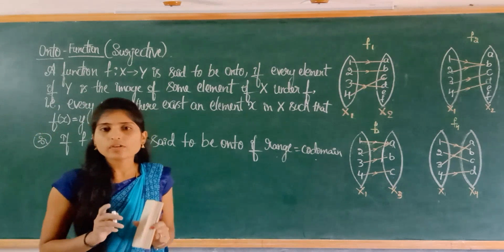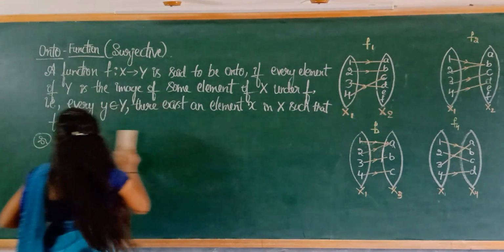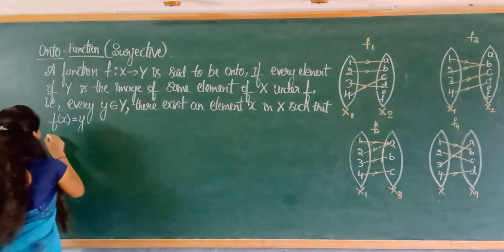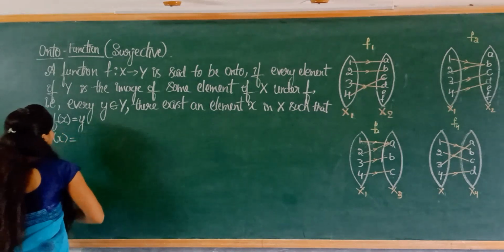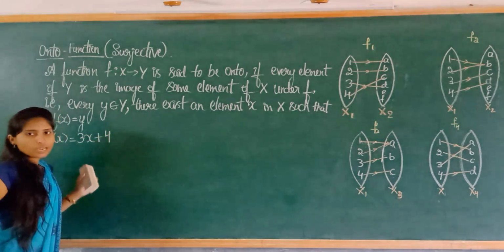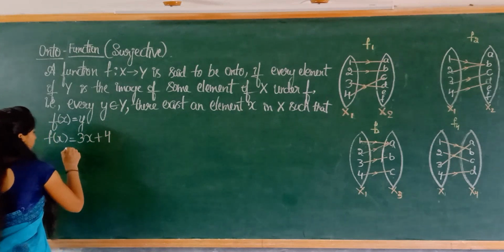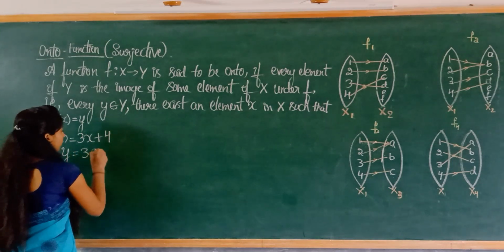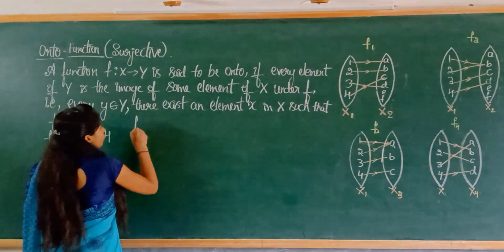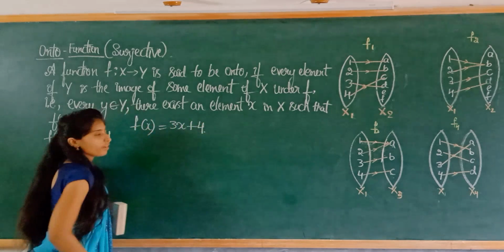I will give you one example. f of x is equal to y. I will give you f of x as 3x plus 4. So y is equal to 3x plus 4, or you can also write f of x is equal to 3x plus 4, and f of x means y, right?